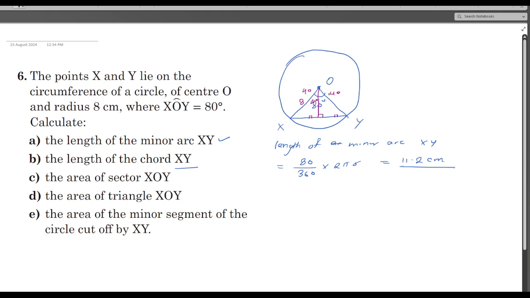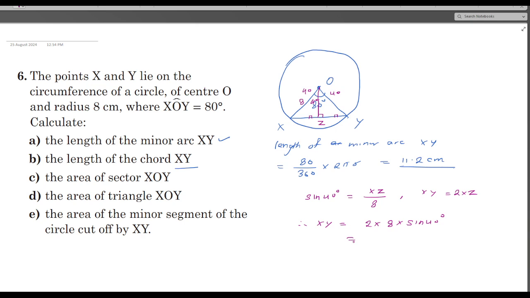So if I apply trigonometry, sine 40 degree will be equal to XZ divided by your 8 centimeter. So therefore your XY is 2 times XZ. So XY is equals to 2 times 8 times sine 40 degree. 8 times 2 is 16, 16 times sine 40.